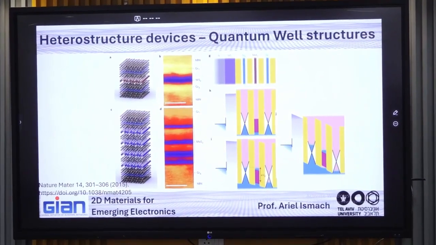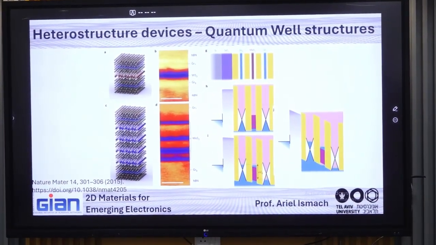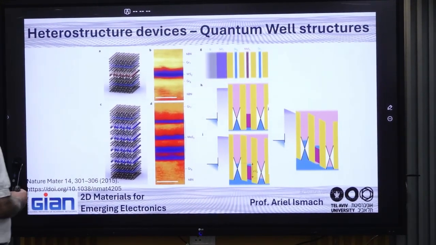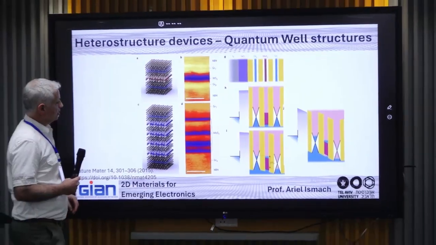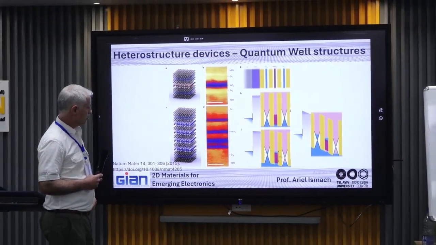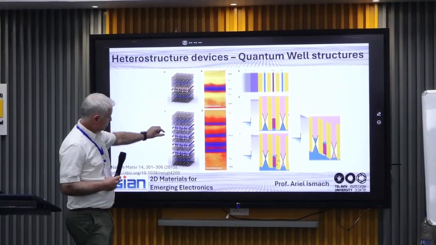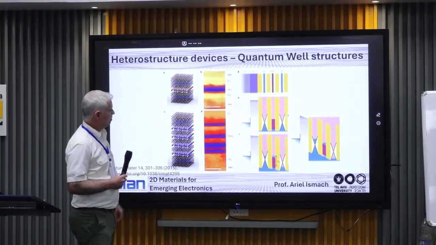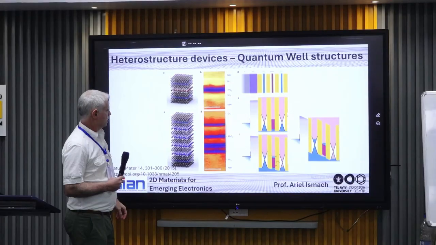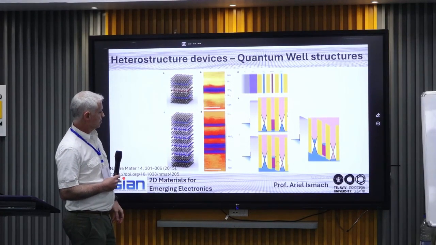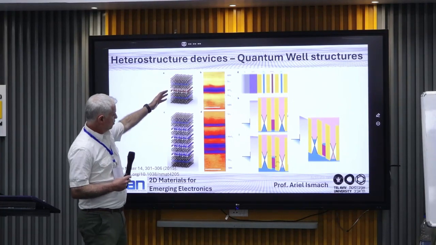And here again you can see very complex stacks. I would say that the only thing that is harder to control would be the thickness of the hBN, but other than that, exfoliation works very well. So therefore, you can transfer.